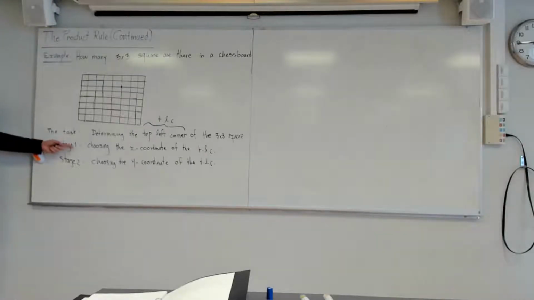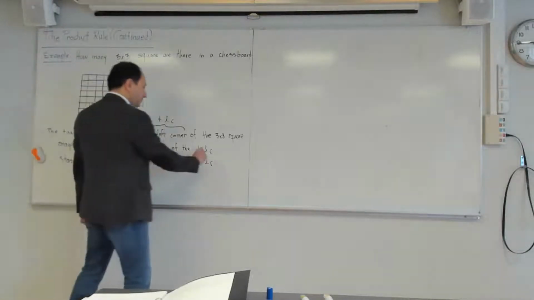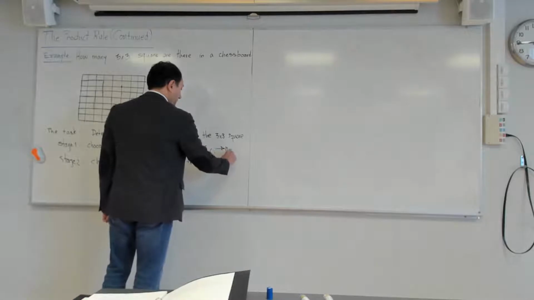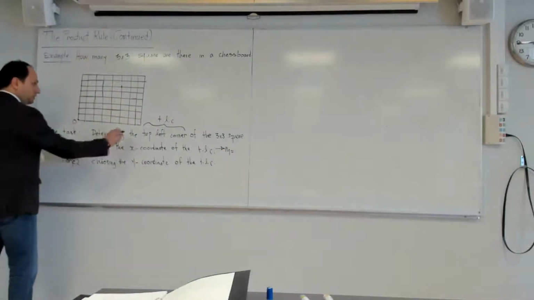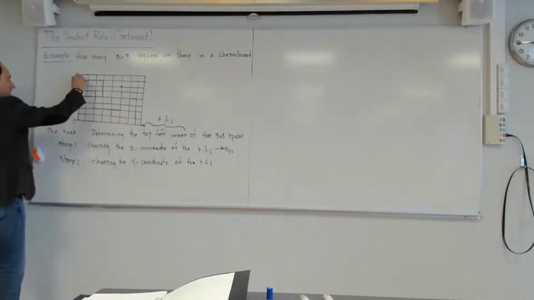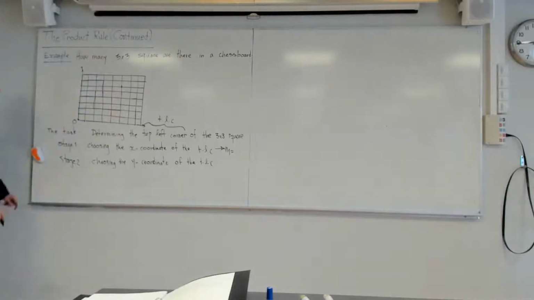Now, how many ways can I accomplish stage 1? I will call it N1. So this is the origin. Assume that this is the origin, and assume that this is your x-axis and this is your y-axis. So which points can be chosen as the x-coordinates of that? Can this be the x-coordinate? Yes, in principle it can, because you might start from here.